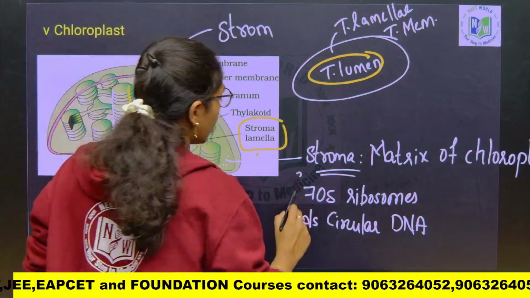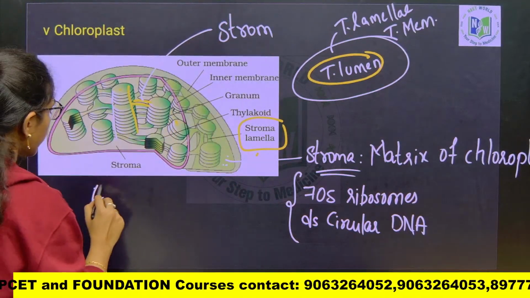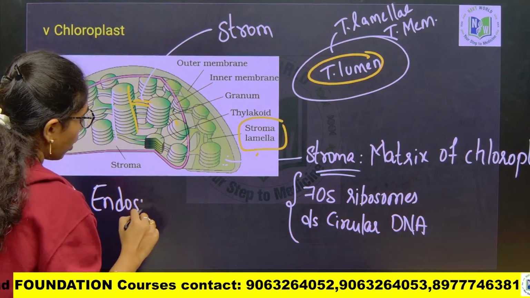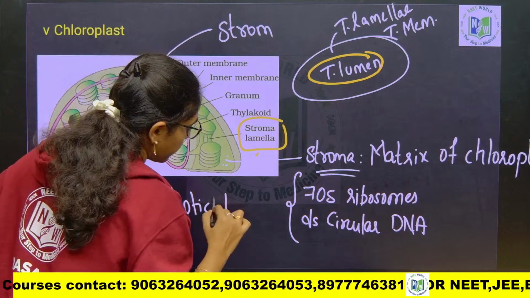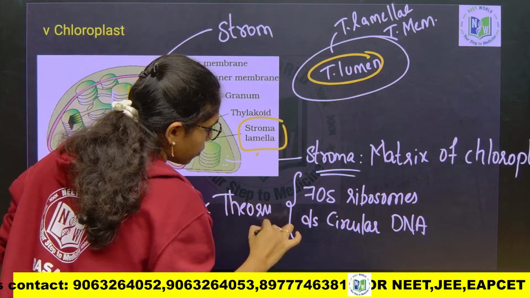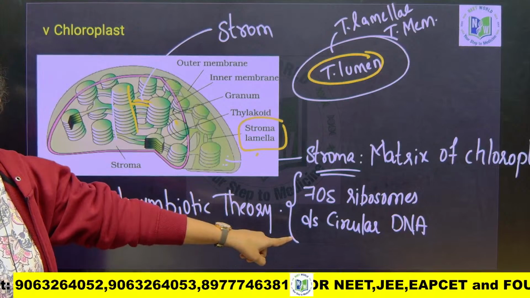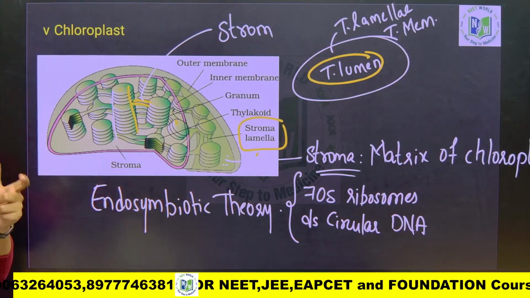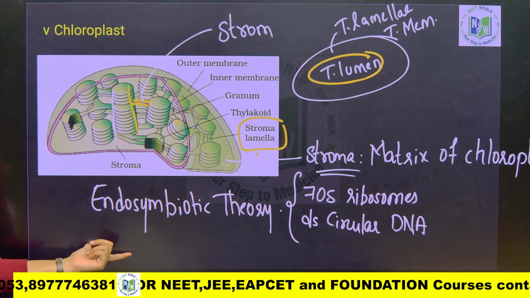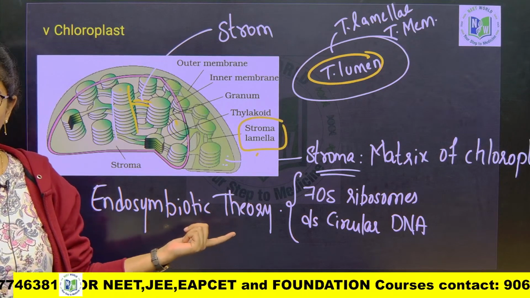That is explained under what theory? Endosymbiotic theory, important. Initially they were prokaryotic cells, but they are engulfed by eukaryotic cells, that is called as endosymbiosis, which is clearly explained under endosymbiotic theory.